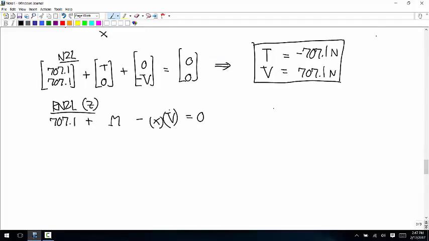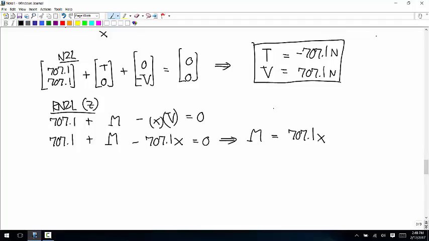And so now you can plug in for V. We know what the value of V is. So we have 707.1 plus M minus 707.1x is equal to 0. And so the bending moment is equal to 707.1x minus 707.1.